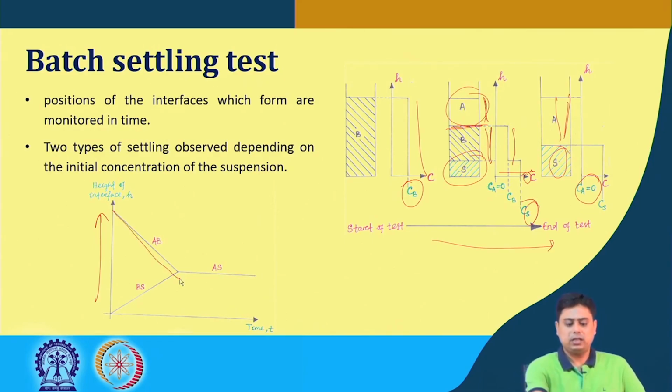The interface between B and C will steadily increase, and after a critical time it would become stable, and there you would have the stable interface of A and S.